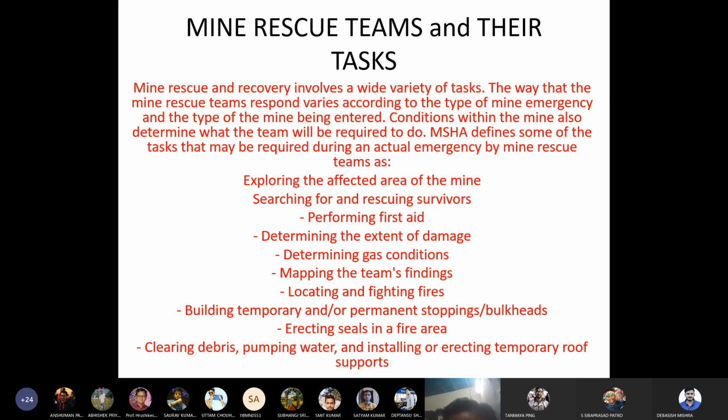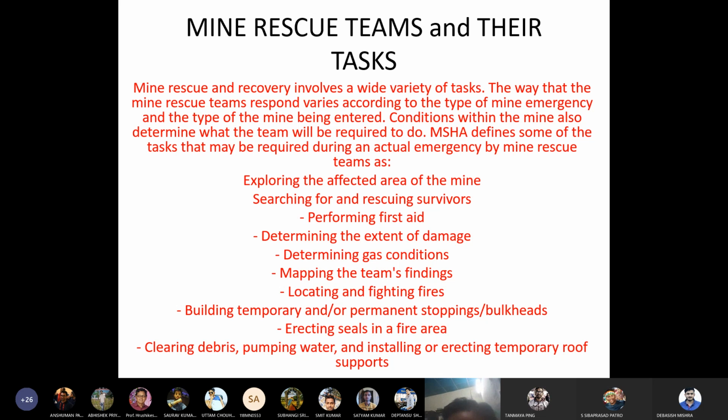The mine rescue team's principal job is to explore the affected area of the mine, searching for and rescuing survivors, performing first aid for the affected people, determining the extent of damage in the mine, determining the gas condition, presence of methane, carbon monoxide, and carbon dioxide, mapping the team's findings, locating and fighting the fire inside the mine, building temporary and permanent stoppings, bulkheads, erecting fire seals in a mine fire area, clearing debris, pumping water, and installing temporary rooftop posts.